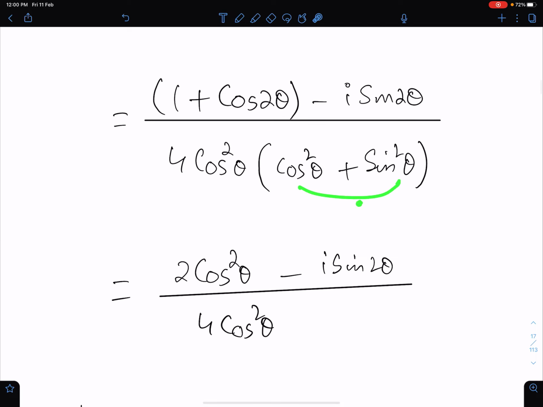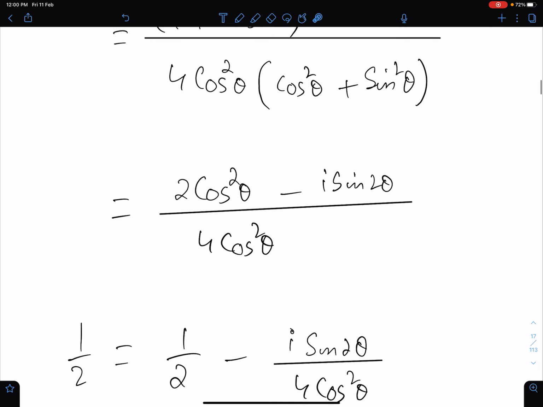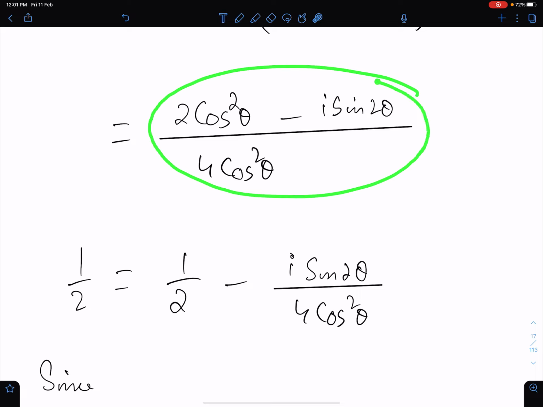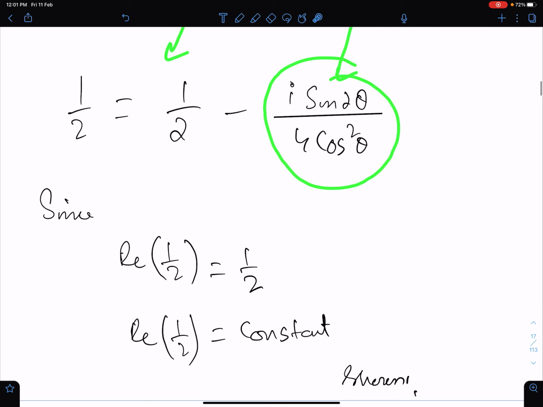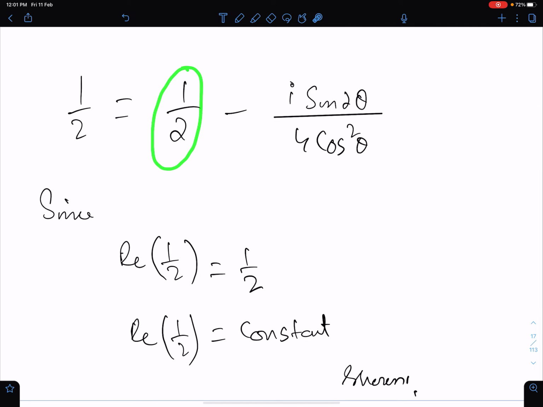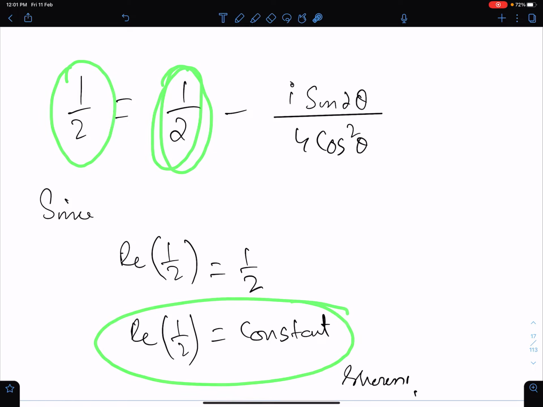And this is 1. Now we need to replace this by 2 cos square theta. So by breaking the LCM of this fraction, we have half here and this thing here. Now check. This is the real part of 1 upon z and this is constant. And this is what we had to show.